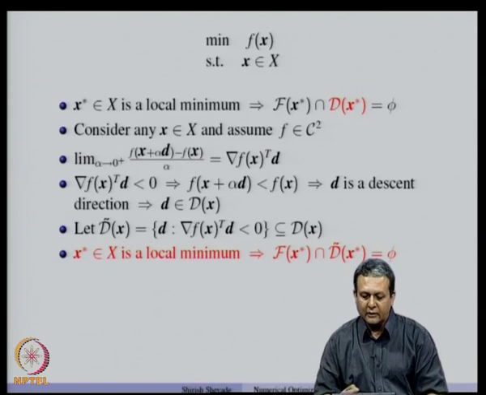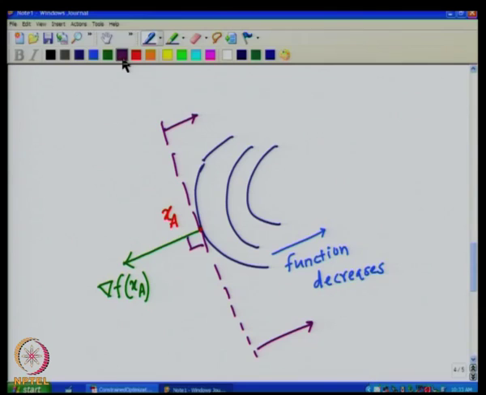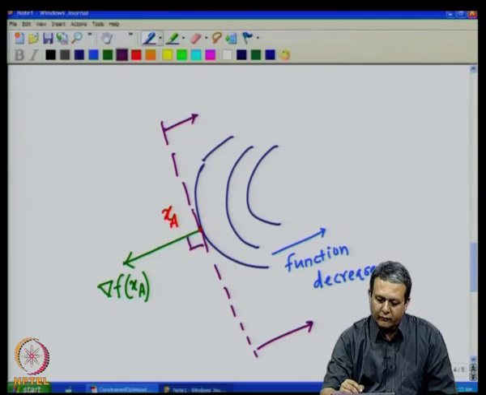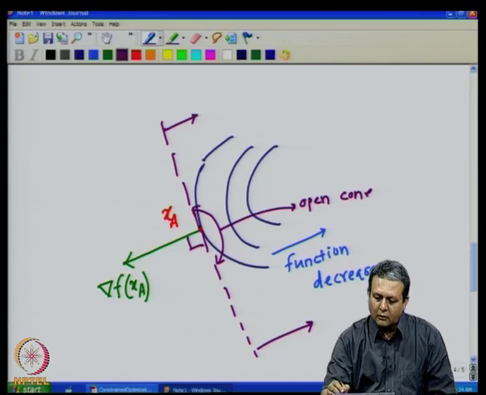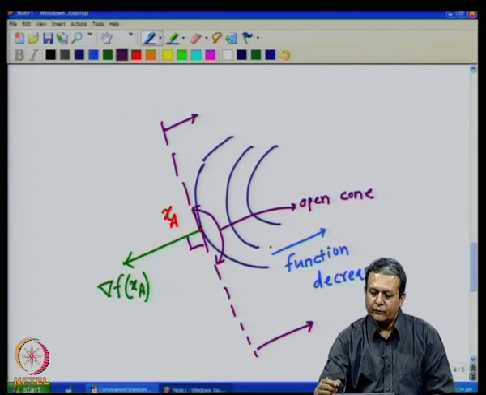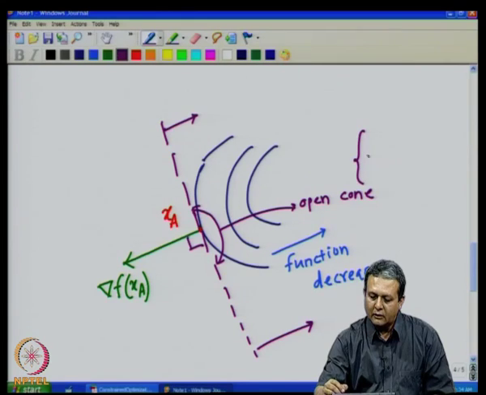And as I mentioned earlier, so, if we look at this figure, then this open cone of directions, these are the directions, the set of D such that gradient f of x a transpose D is less than 0.